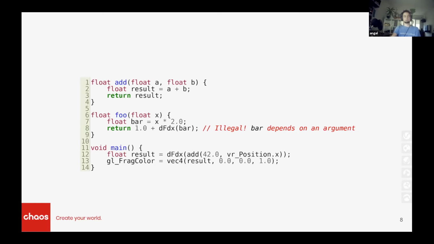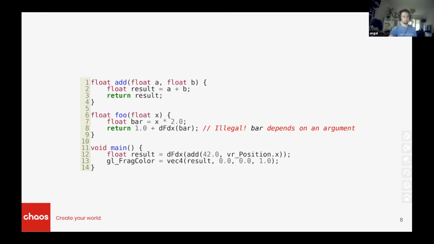So here is some simple code which will demonstrate how the derivative computation pass works. And so here we see that we don't work with code such as the one shown on the slide because it doesn't match the constraints I presented earlier.